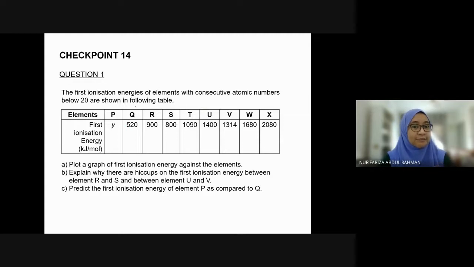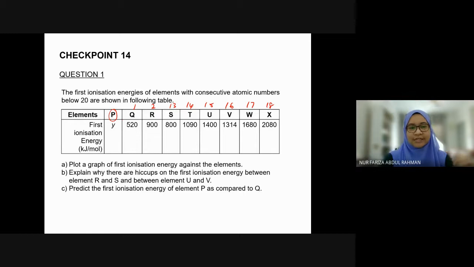Tadi kan kita dah determine 1, 2, 13, 14, 15, 16, 17, 18. That means dekat satu period tu dah settle starting from group 1 until group 18. Okay, that means P should come from a different period.